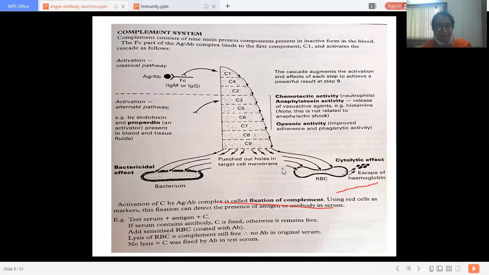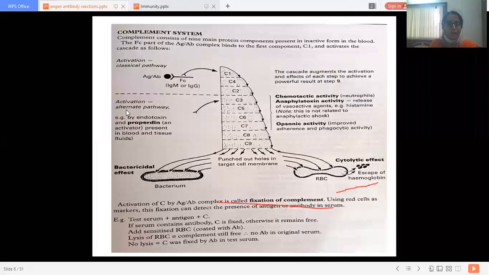If there is lysis, then the complement remains free and is not combined with the immunoglobulin. But if there is no lysis, the C was fixed by the antibody in the test serum. So it is the complement fixation reaction. These complements get fixed by the immunoglobulin through the antigen antibody complex reaction.